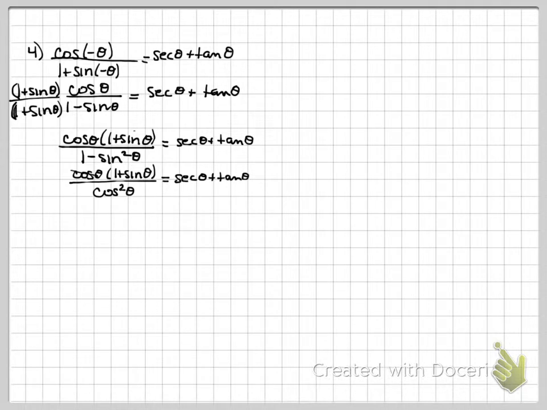So crossing off the cosines, I now have 1 plus sine theta over the cosine of theta equals secant theta plus tangent theta. And you should see where we're going here. Now, split this. I have 1 over cosine, which is secant theta, plus sine over cosine. So I can have that as 2 fractions, and that gives me my tangent theta that I wanted.